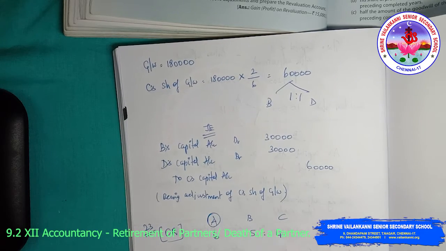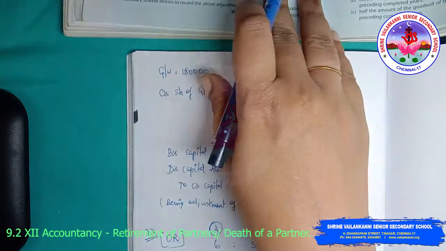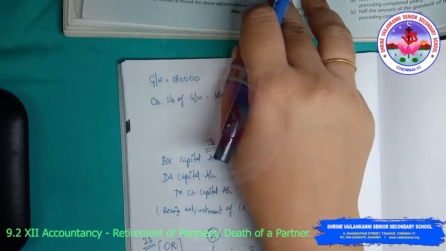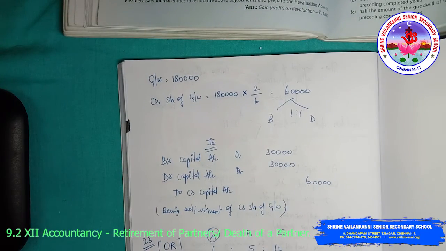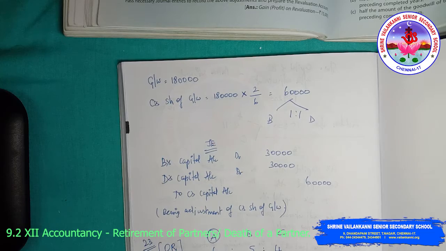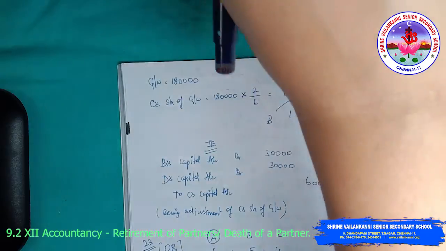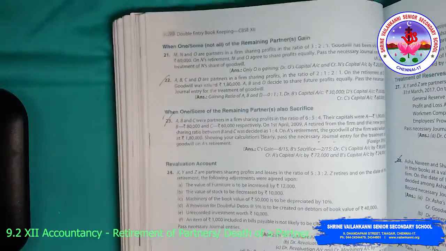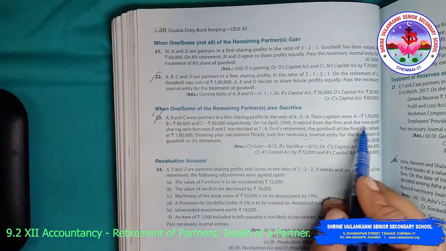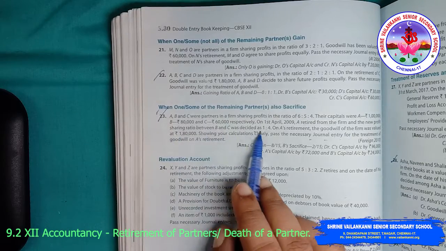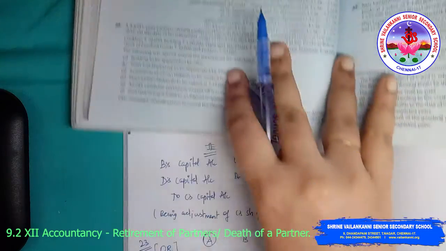A is getting retired. So the new ratio between B and C is going to be 1:4. That's what is given in the question, right? See, A retires from the firm and the new profit sharing ratio between B and C is 1:4.